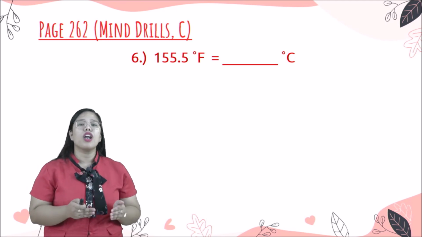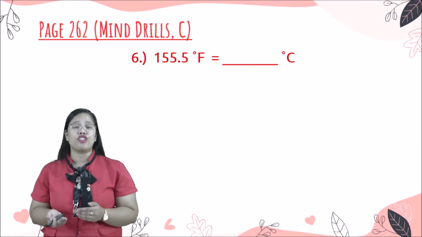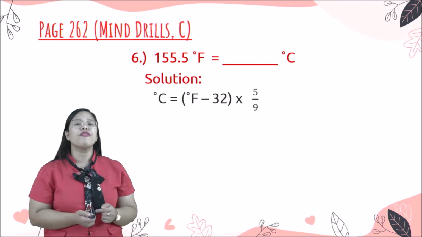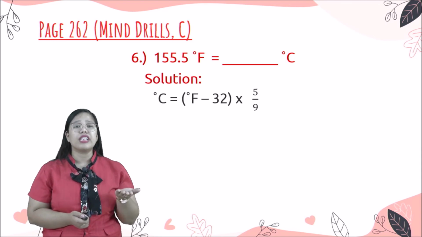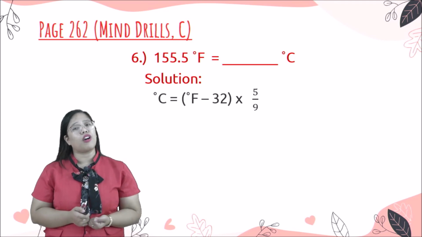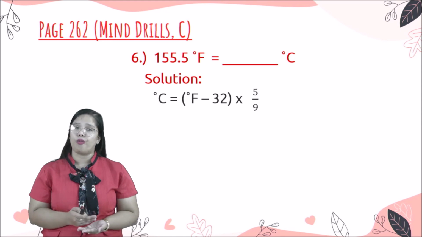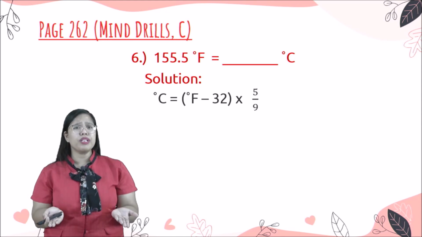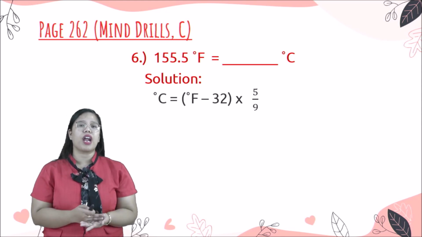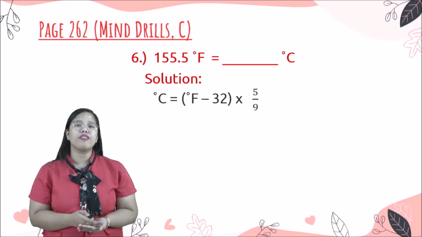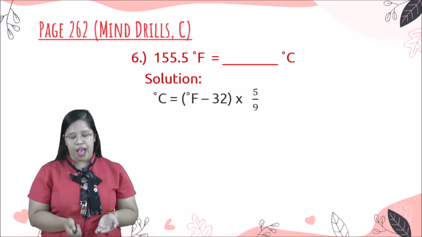And for the last number, we have 155.5 degrees Fahrenheit equals blank degrees Celsius. So we are converting degrees Fahrenheit to degrees Celsius. Our formula will be degrees Celsius equals the quantity of degrees Fahrenheit minus 32 times 5/9. So we will substitute the value of degrees Fahrenheit, which is 155.5.